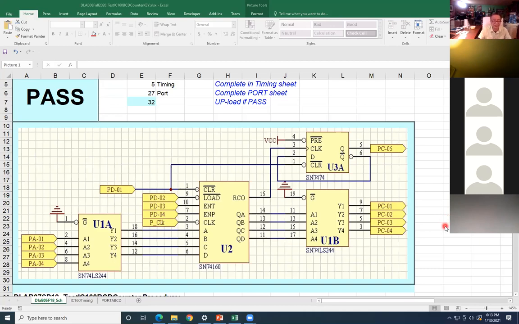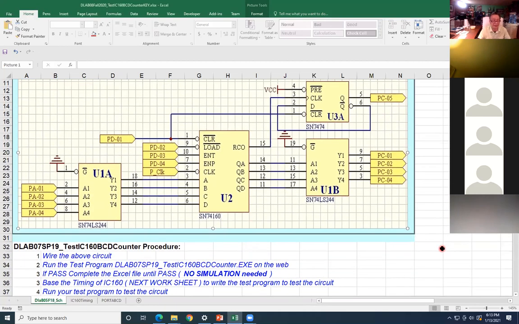Try to understand anything you don't quite get. Go ahead and ask me, I can explain to you. This is very, very important for the technician, how to troubleshoot. Analog circuitry is easier.